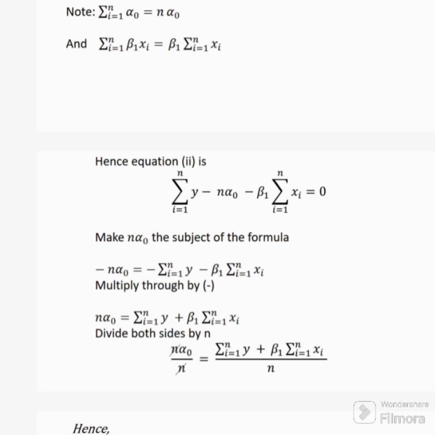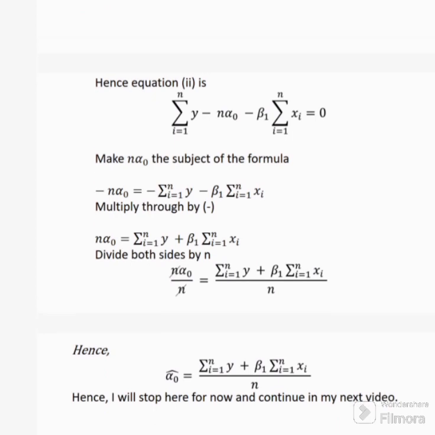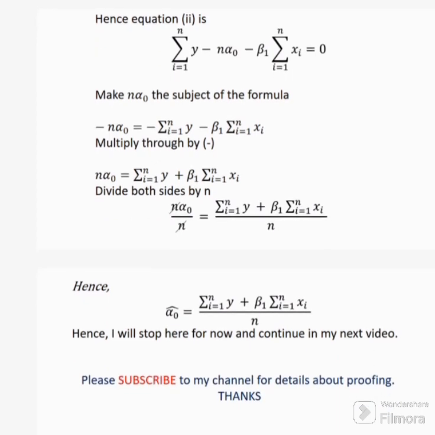That's the reason why we put it outside the summation, and our x subscript i is a variable. Hence, equation 2 now turns to summation of i ranging from 1 to n y minus n alpha naught minus beta 1 summation of i ranging from 1 to n x of i equal to 0.